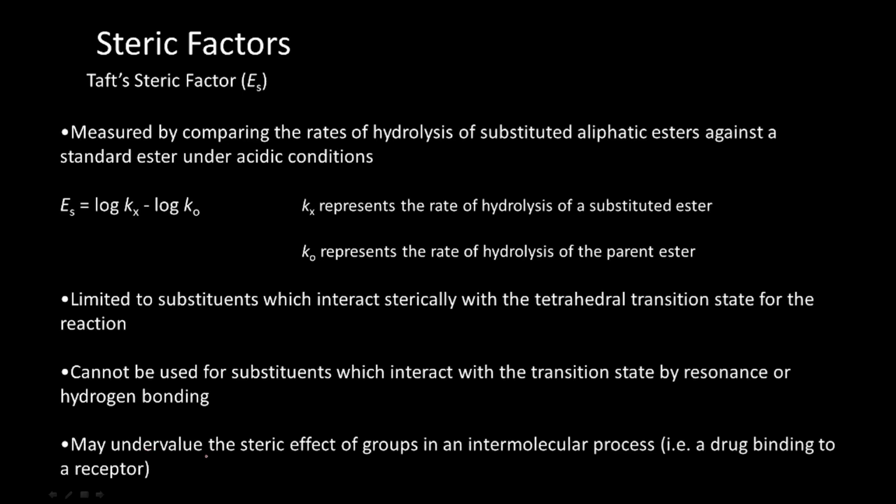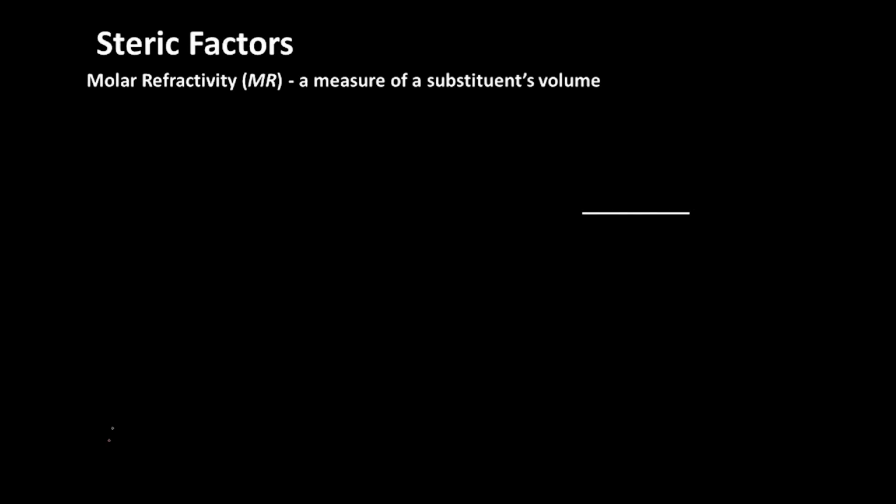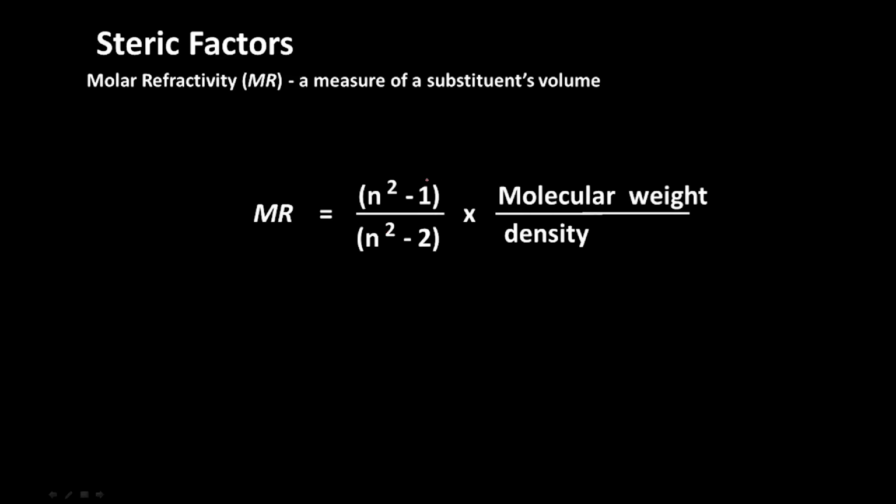It may undervalue the steric effect of groups in an intermolecular process, that is, a drug binding to a receptor sort of situation. You also have a term called molar refractivity. It's a measure of a substituent's volume. This is a descriptor which we can calculate. It's given by (n² − 1)/(n² + 2) times molecular weight divided by density.